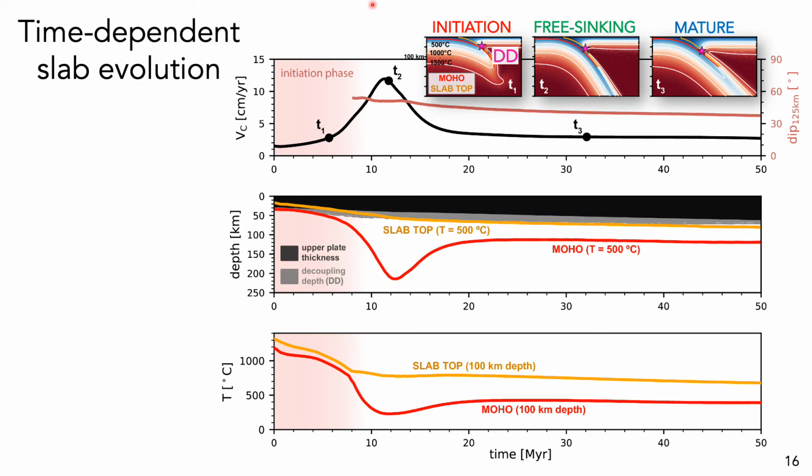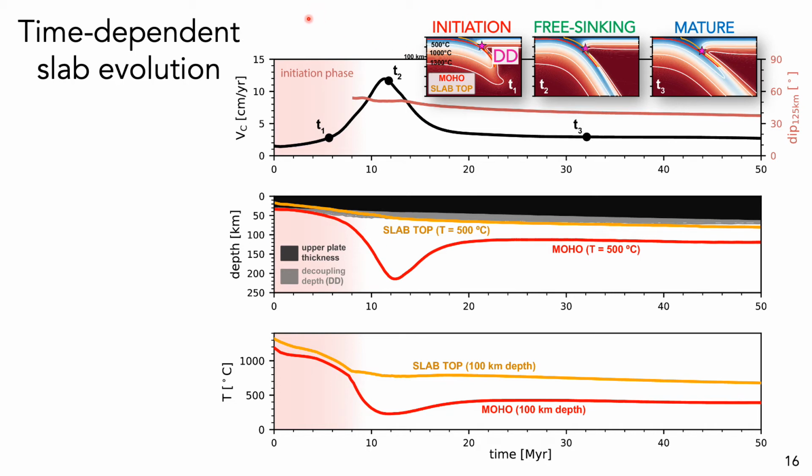I now overlay the thermal thickness of the overriding plate in black and the decoupling depth in gray. And so you can see that there's a first order match between the depth of this slab top isotherm and the decoupling depth. And the decoupling depth is something that emerges from our models naturally, and it's also plotted within these thermal zoom-ins.